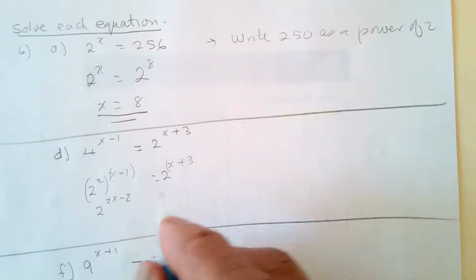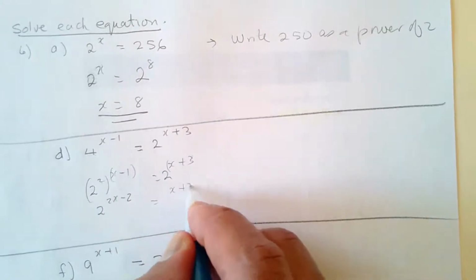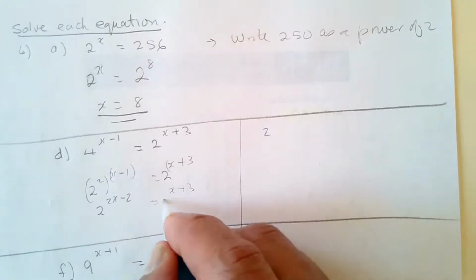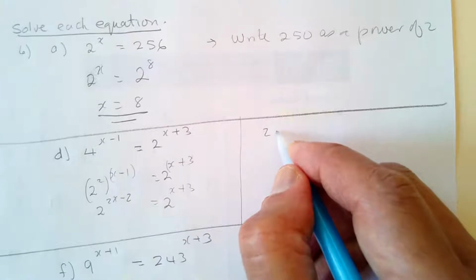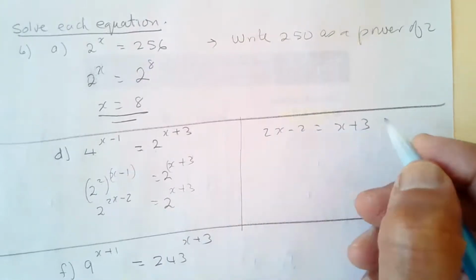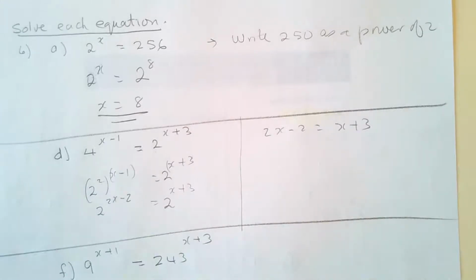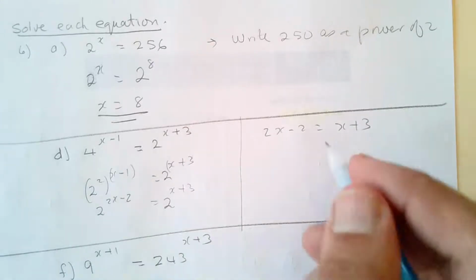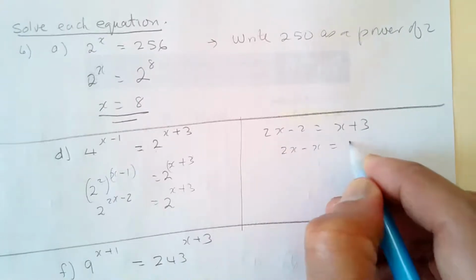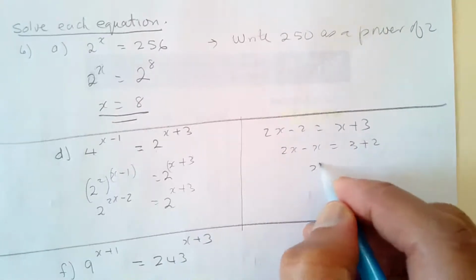It's 2 times x is equal to x plus 3. Now, if we work it over here, we equate our exponents. 2x minus 2 is equal to x plus 3. We'll have 2x minus x equals 3 plus 2. We have x is equal to 5.